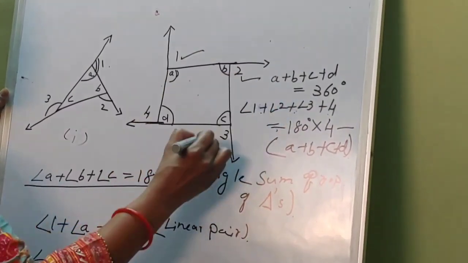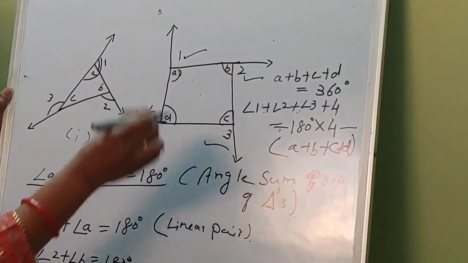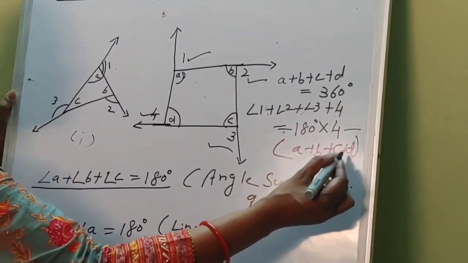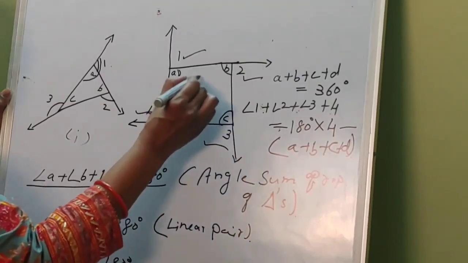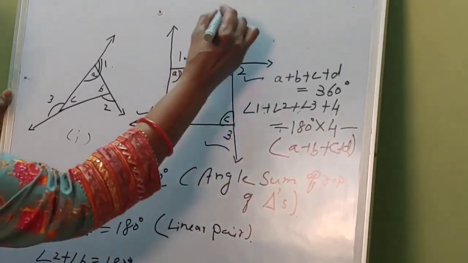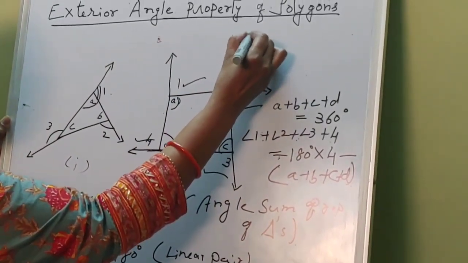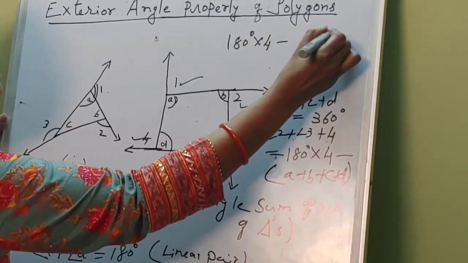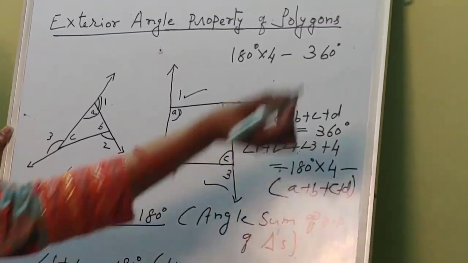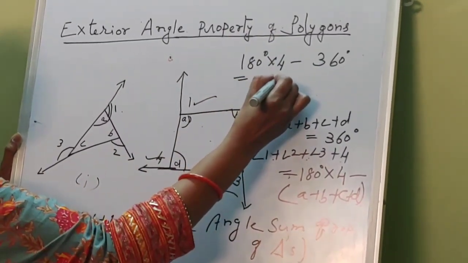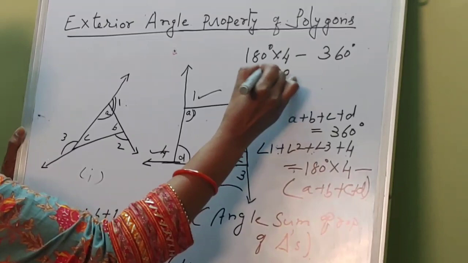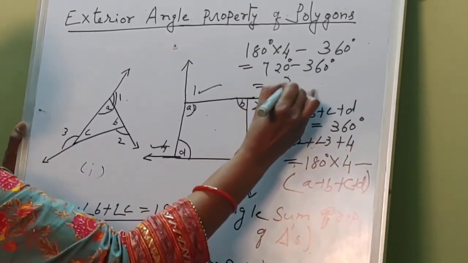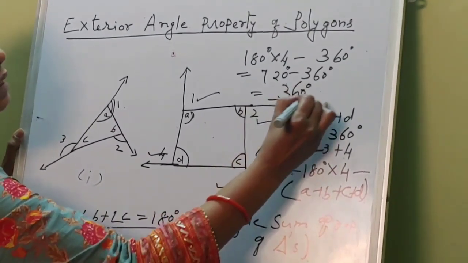These are exterior angles of a quadrilateral, and their sum will be 180 into 4 minus A plus B plus C plus D. And we know the sum is 360 degrees. So I can find it out as 180 into 4 minus 360 degrees. So when I solve this, I'll again get 360 degrees.